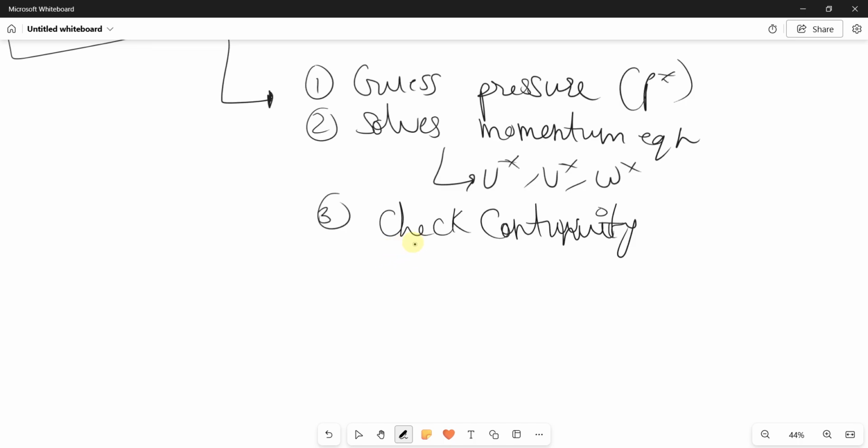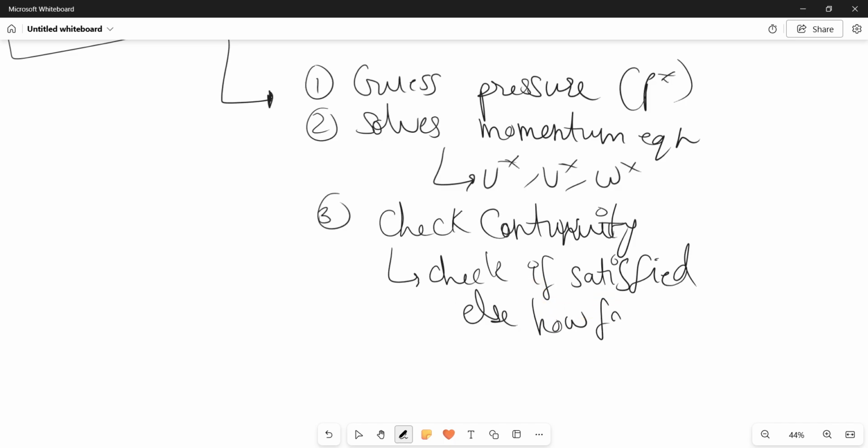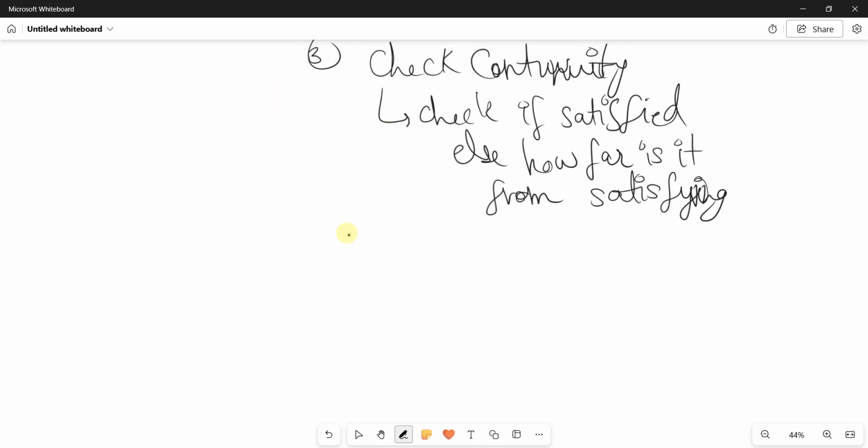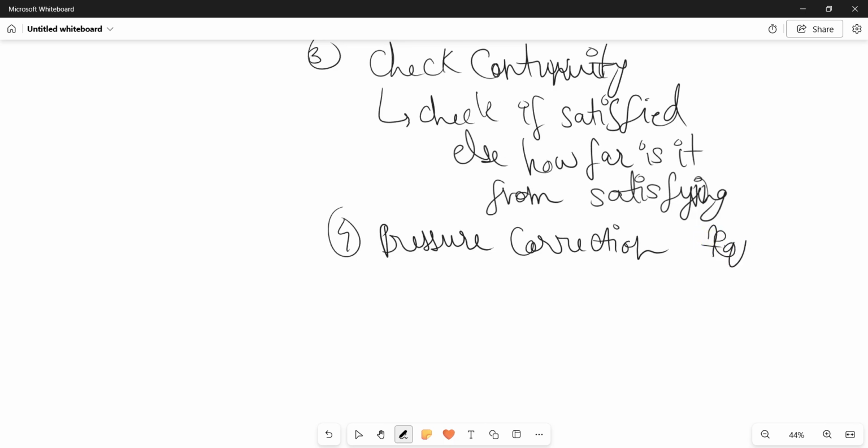So you substitute in the continuity equation, and then you check if satisfied, else how far is it from satisfying, right? You check this. Now based on this you come up with a correction term. So you come up with a pressure correction term or pressure correction equation.